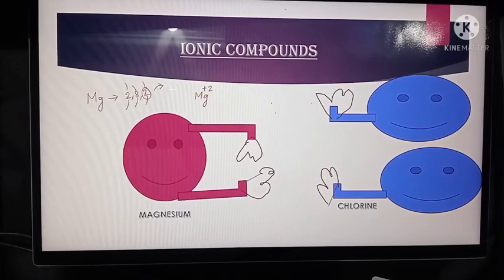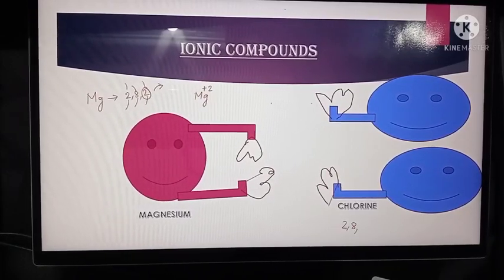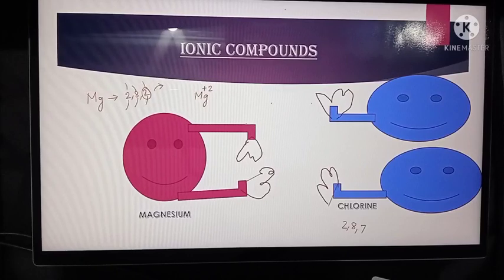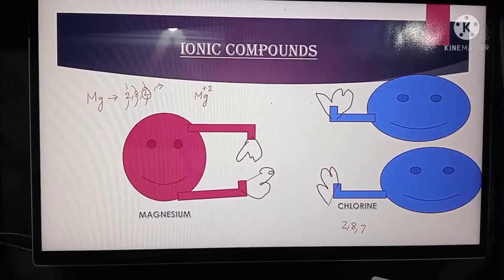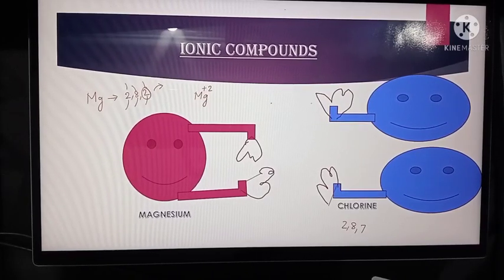Now suppose it has to form a compound with chlorine. You know chlorine has 2, 8, 7. So it can only take 1 because it has one hand. So it can combine with one hand of magnesium. In order to combine with the second hand of magnesium, another chlorine atom we have to take.